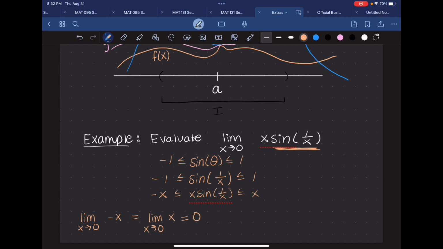Both of those are equal to 0. Therefore, the limit as x goes to 0 of x times sine of 1 over x must also be 0 by squeeze theorem.